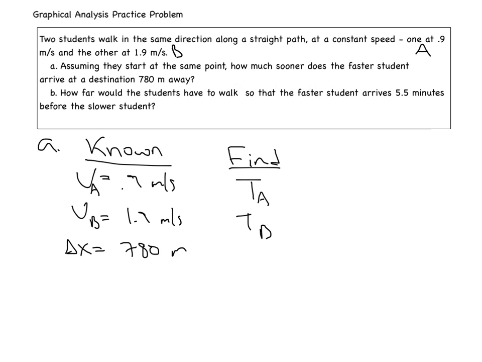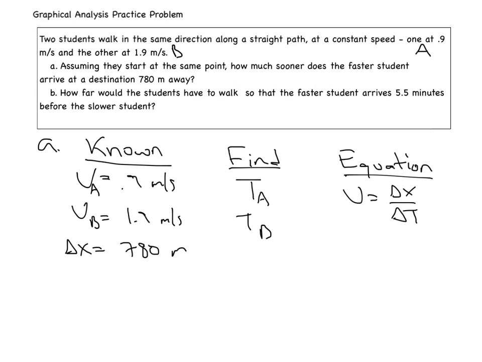So remember our equation that we're going to use. Velocity is delta x divided by delta t. We want to find delta t, so we multiply t to both sides and then divide by v.